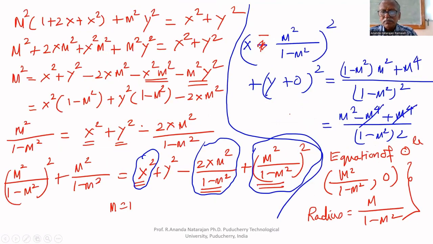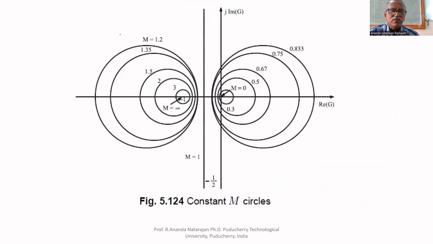When m is greater than 1, you will get a set of circles like this. When m is less than 1, you will get a set of circles like this.